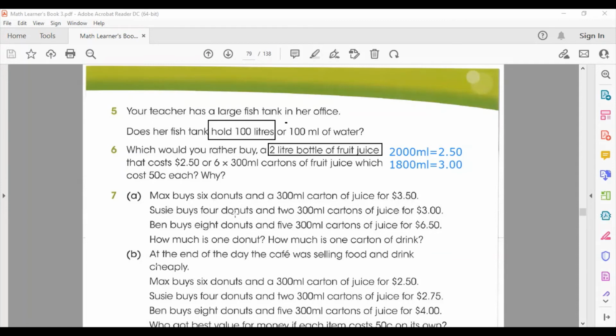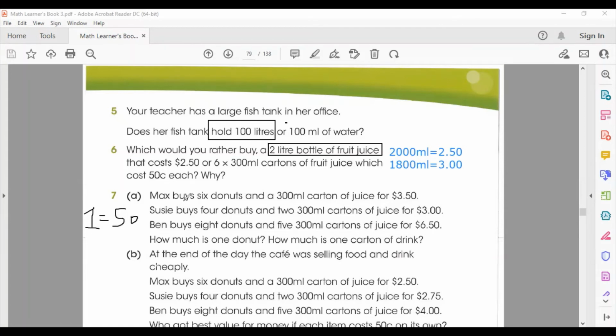So 4 here and 2 here, 6 items for $3, 300 cents divided by 6, 50 cents. It means each one piece, any one piece, is equal to 50 cents.